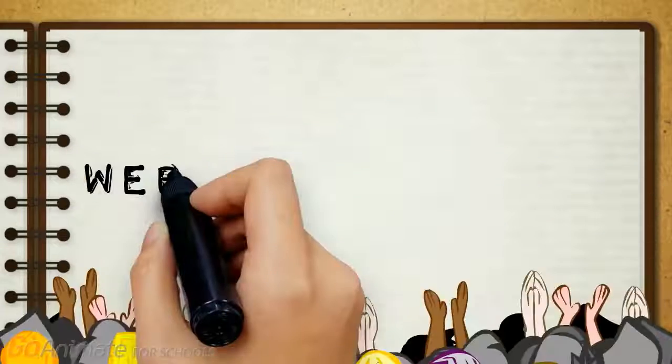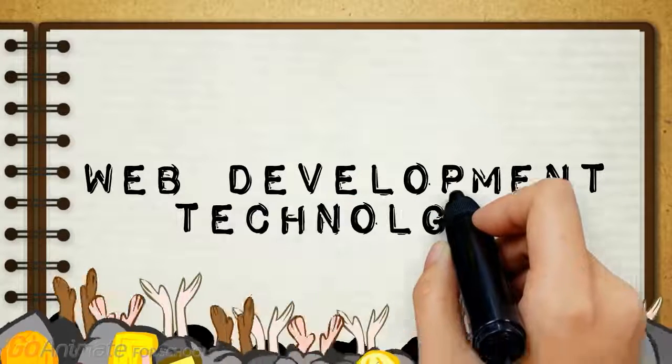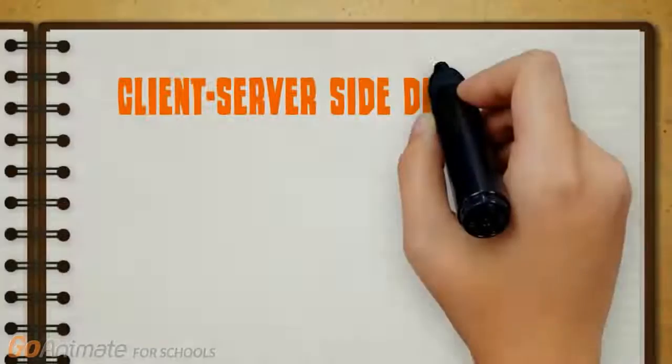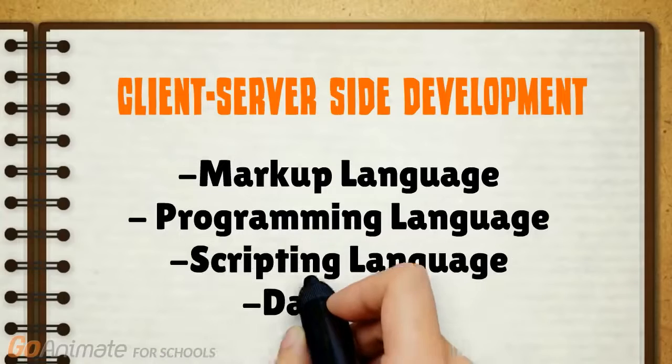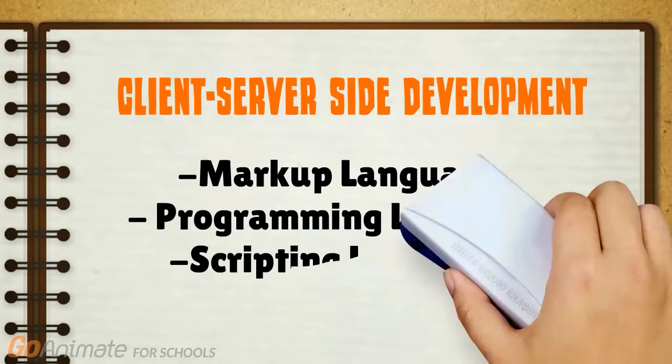Now, it's good time to learn about web development technology. Client and server-side web development uses markup, programming, scripting languages and databases along with other technologies. We will quickly see few of them.